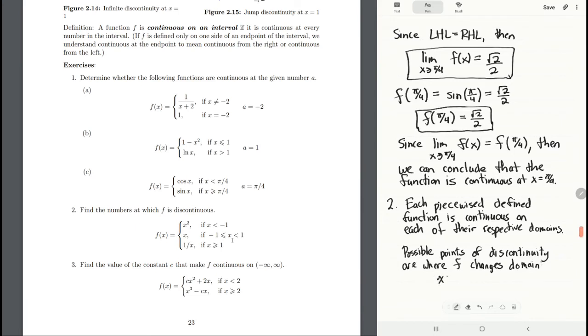And these happen when x is -1 and when x is +1. So the 2 points where the function may not be continuous are at these 2 points. And so what we need to check is the definition of continuity at -1 and at +1.